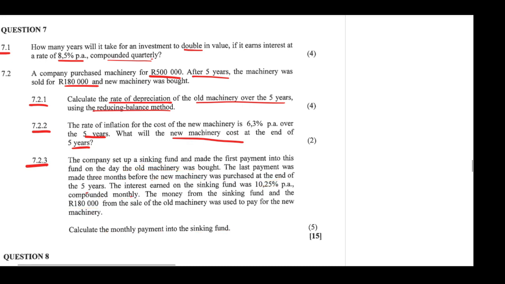Let's first start with the sinking fund, then we will solve the monthly payments, right? And just so you know, whenever we talk of sinking funds, just know that we will use the future value annuity to solve for whatever question. For example, it wants us to find the monthly payments, right? So we'll use the future value annuity since it is a sinking fund. Anyways, let's first find the sinking fund.